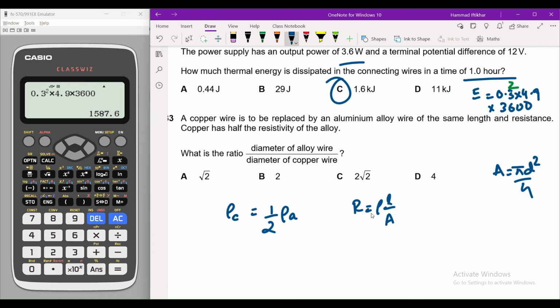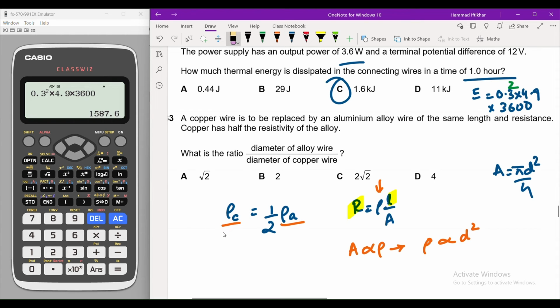So if resistance and length are the same, the only things changing are resistivity and the area. So area is directly proportional to resistivity, or in short, resistivity is directly proportional to d squared.